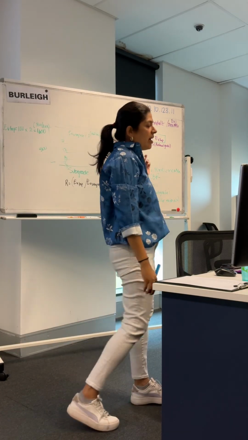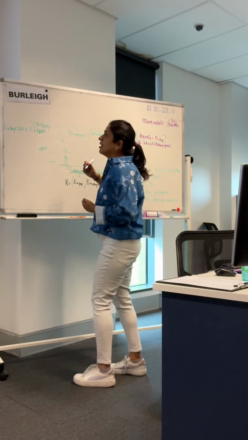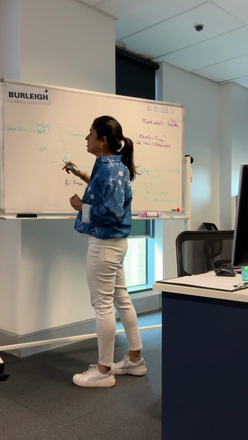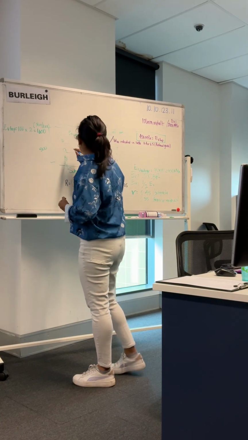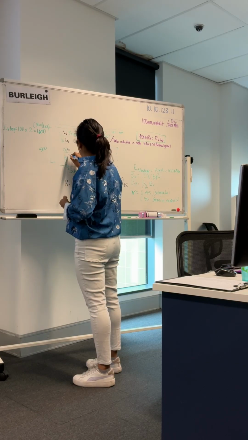So if that is my ratio of moduli, then this one, well, we actually call it the opposite. So this one will be the top layer: layer 5, layer 4, layer 3, layer 2, layer 1, and the subgrade.